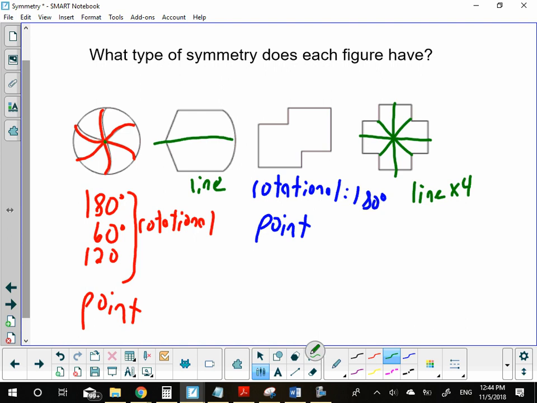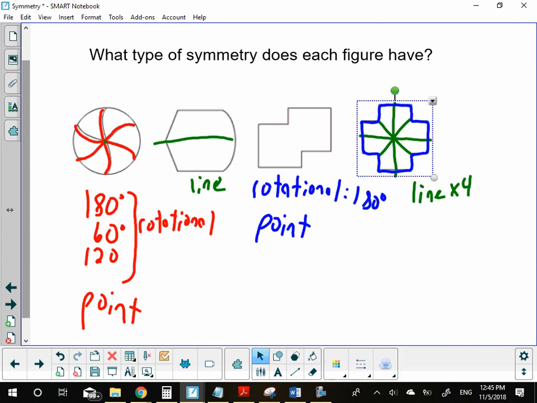Any rotational symmetry? If I rotate this at all, do I get the same shape? Yeah. How far can I rotate it? 90 degrees, that's the same shape.